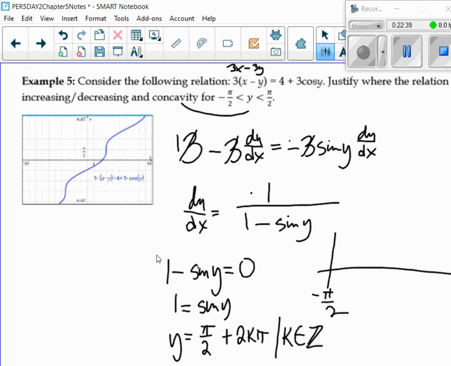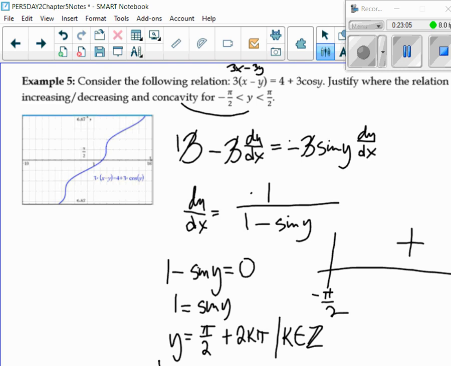So what's sine of 0? We should know. Sine of 0 is 0. 1 minus 0 is 1. So we're going to get positive. So what does the positive derivative mean then? Therefore, is it increasing or decreasing?